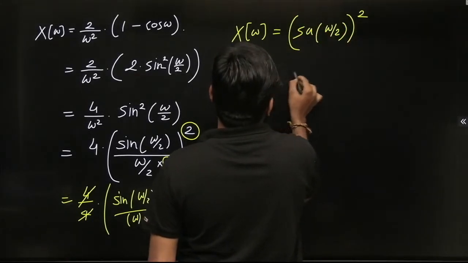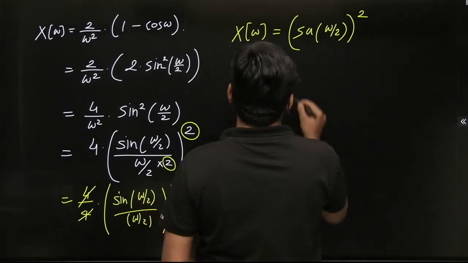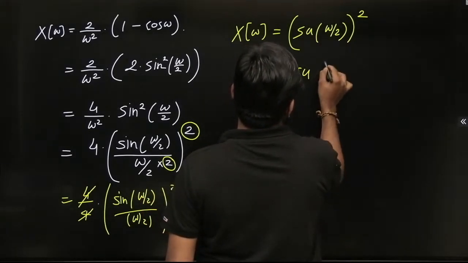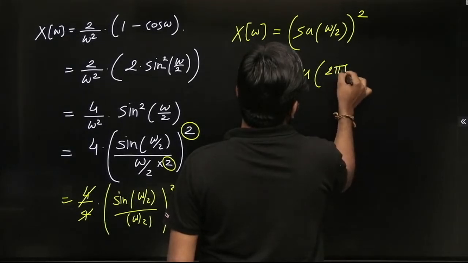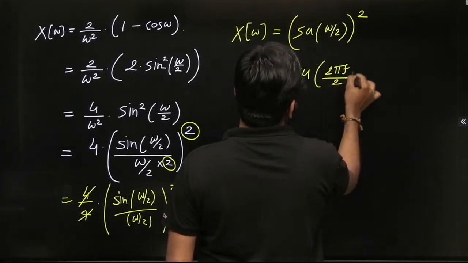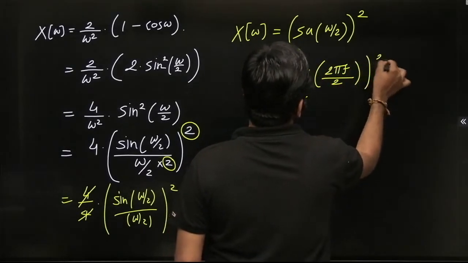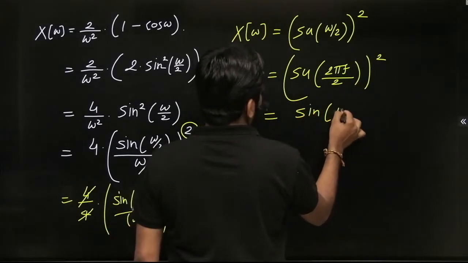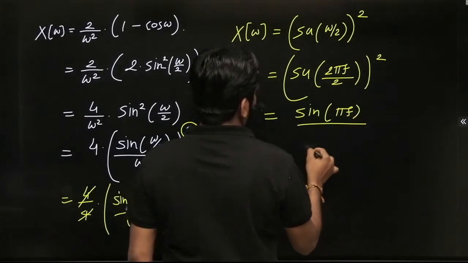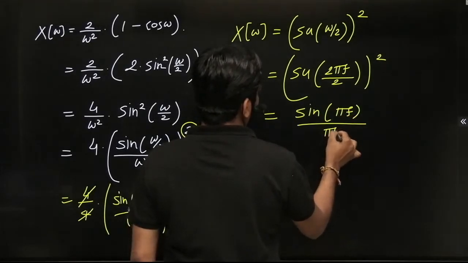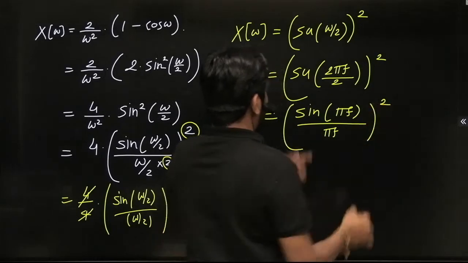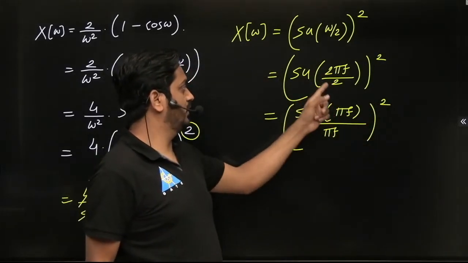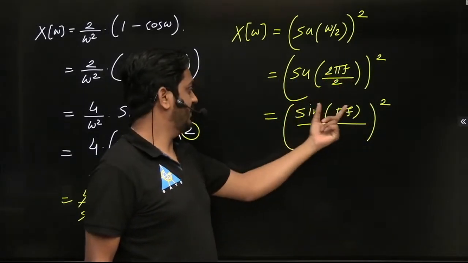Okay, now omega is equal to 2 pi f, divided by 2 whole square, which is nothing but sine pi f upon pi f, whole square. Sine x by x, the 2s cancel out, so sine pi f by pi f.